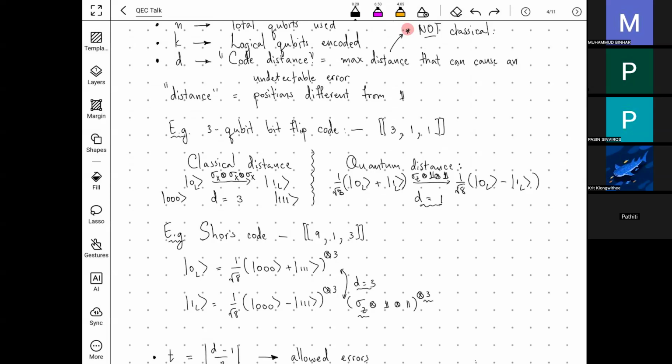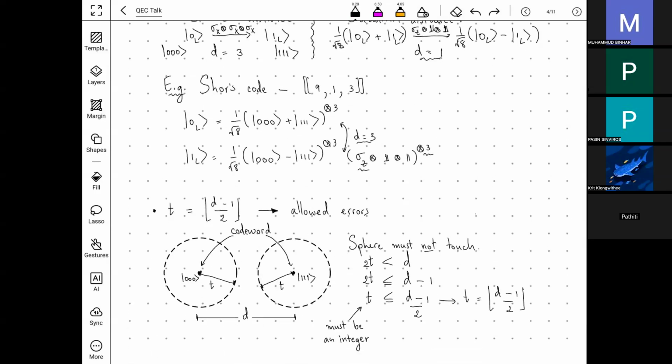But then there's something weird going on, because if the distance is 3, then the 3-qubit bit flip code violates the quantum Hamming bound, which it shouldn't because it's a degenerate code. In later literature, they use a distance of 1 instead.